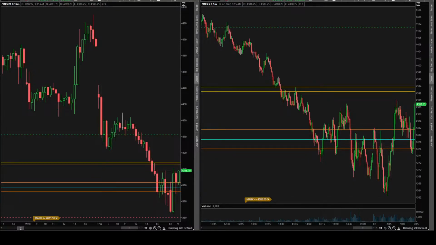All right, there we go. Looking good. All righty. Okay, so I'm out of almost half of my position right here in the high 80s, 89.